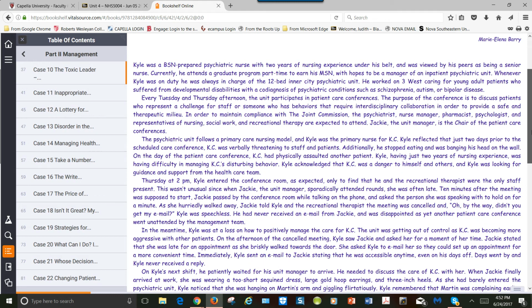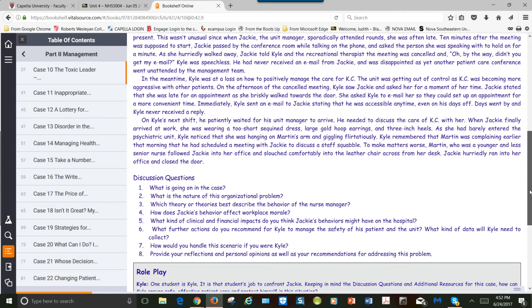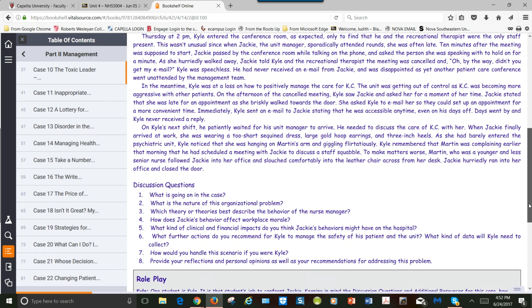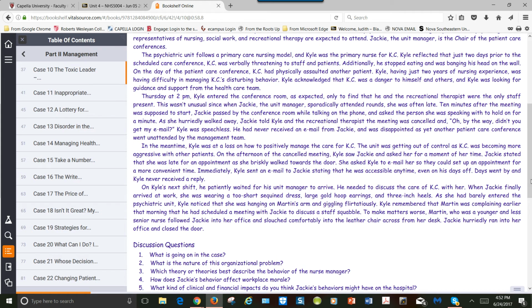Now, this has a lot of good content in it. You can get some ideas simply by what discussion questions are asked. So you have a lot of content to focus on, a lot to look at in terms of responding to the questions in your paper. So you should look through the different case studies under leadership and management. This is under management at the time.